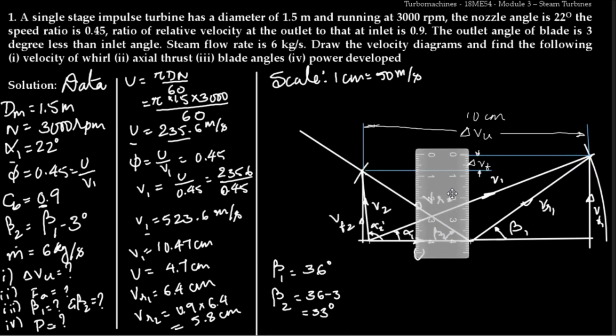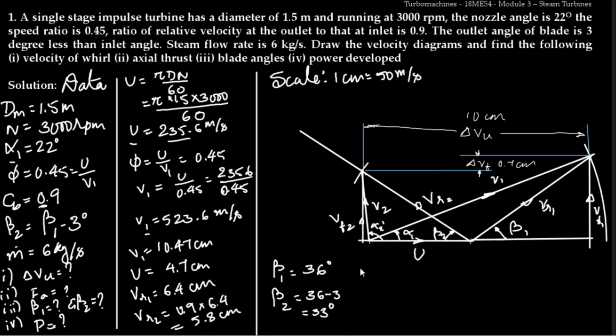Now if I measure this vertical distance, it's around 0.7 centimeter. Only these are the parameters which we need for our calculation. I'll do the calculation in the next page.